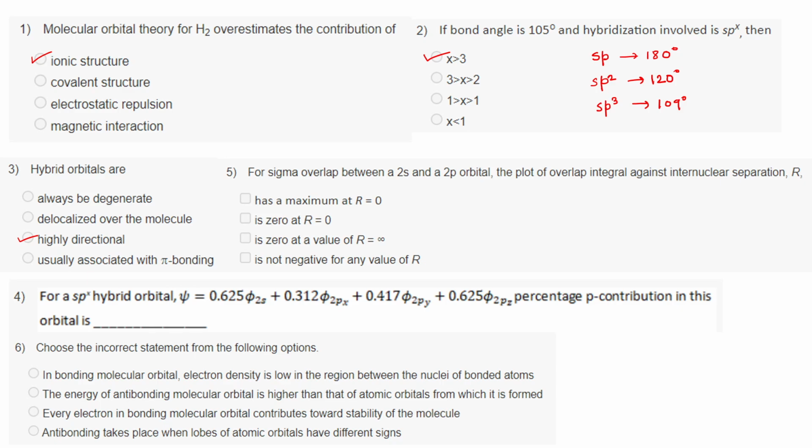Take 0.625 square, plus 0.312 square, then same for 0.417 square plus 0.625 square. Actually, that is going to lead to 1.05. That's okay.